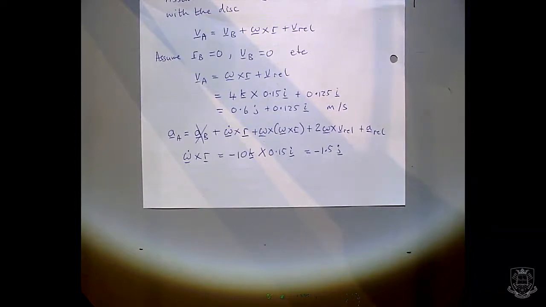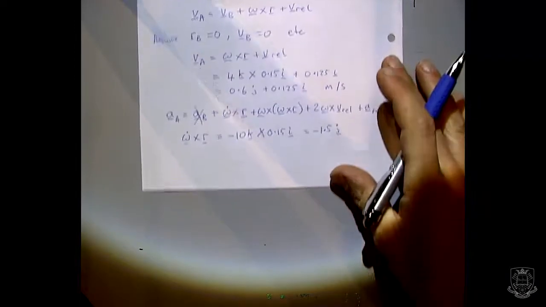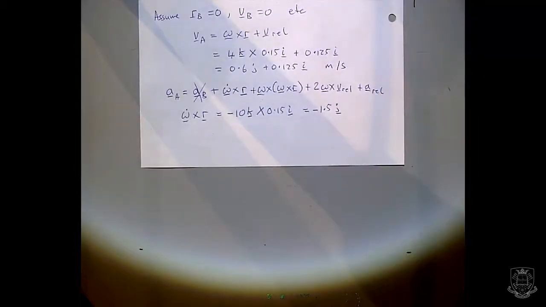The next term we've got to work out is the centripetal term.